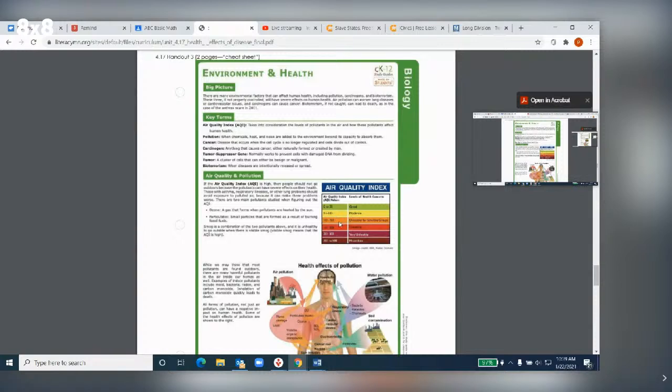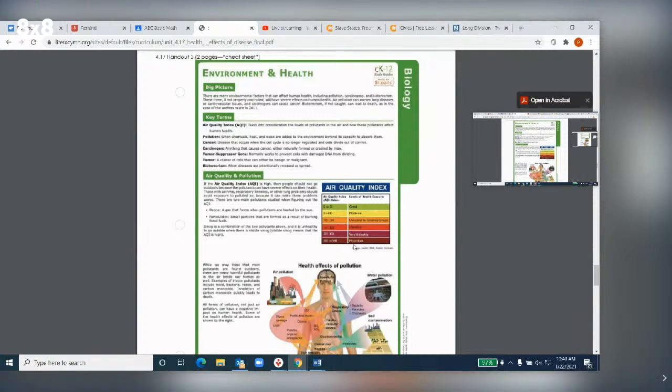But anytime you get above 101, if you have a respiratory issue, it's probably not safe to be outside. And at 300, that's a 3 alarm fire. You probably shouldn't be outside at all. And one thing that happened this past year, we had all those forest fires in Oregon and California. And what happens?